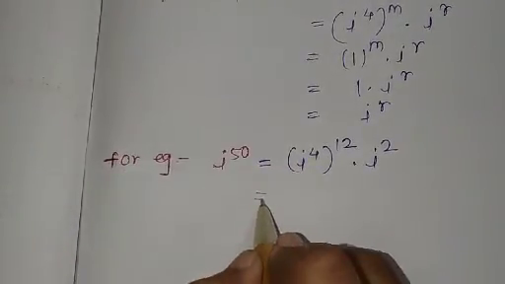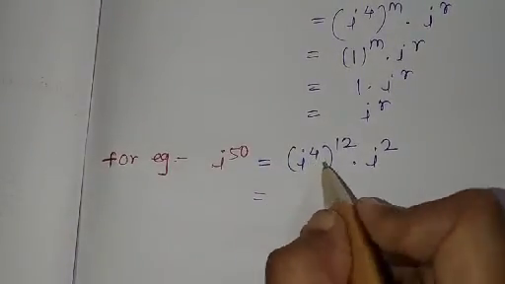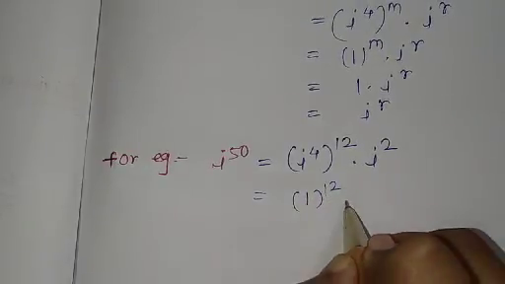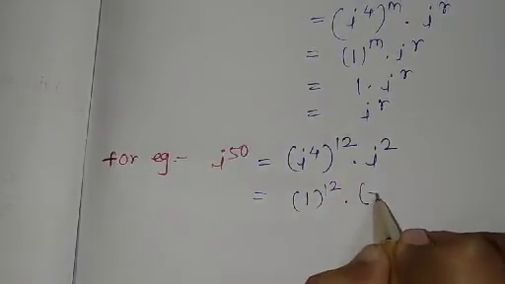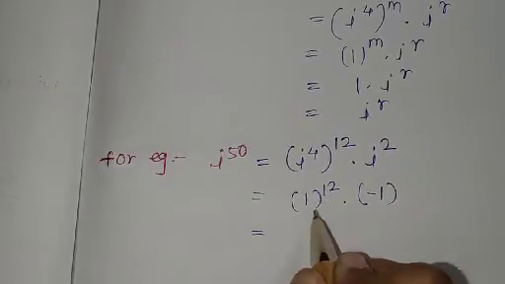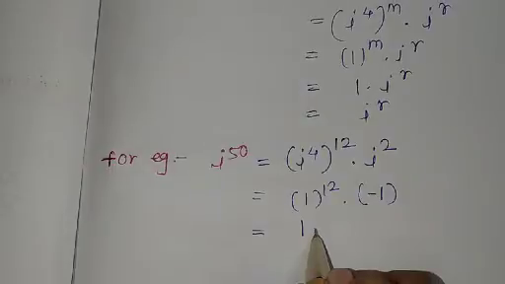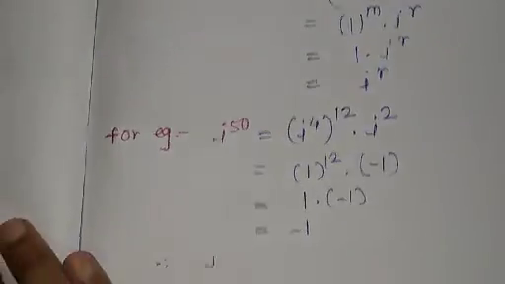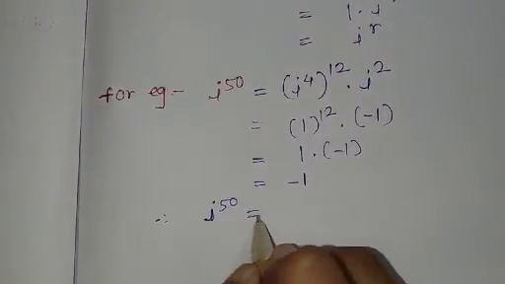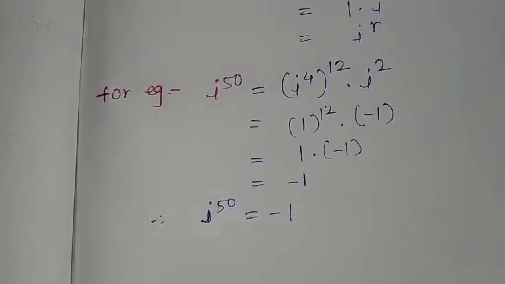Here iota raised to 4 is nothing but 1. So 1 raised to 12 into iota square, which is equal to 1 into minus 1, that is minus 1. Therefore iota raised to 50 is equal to minus 1.